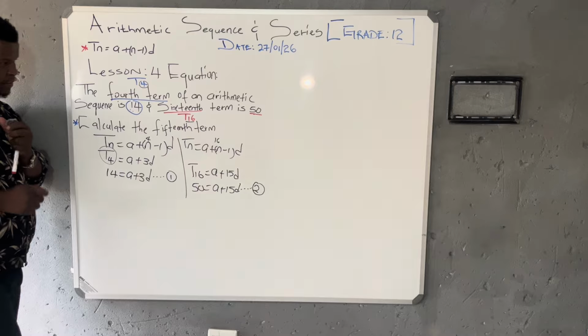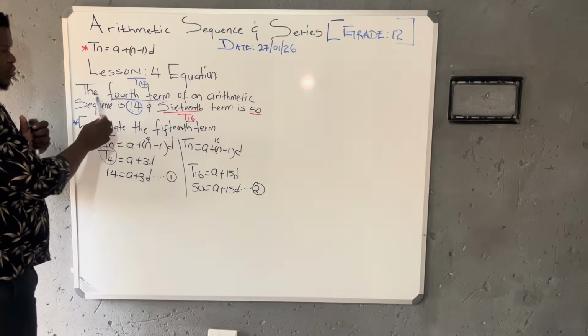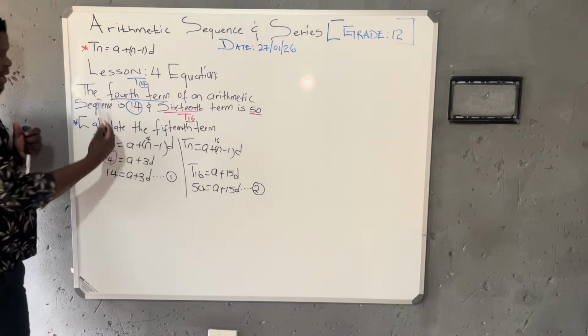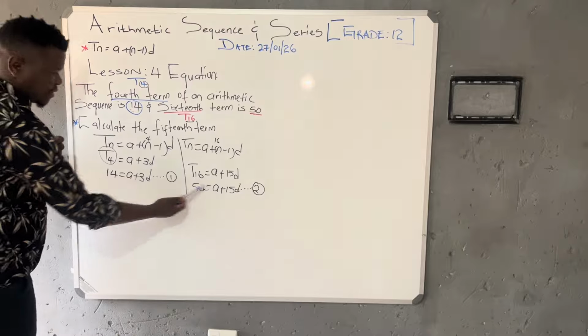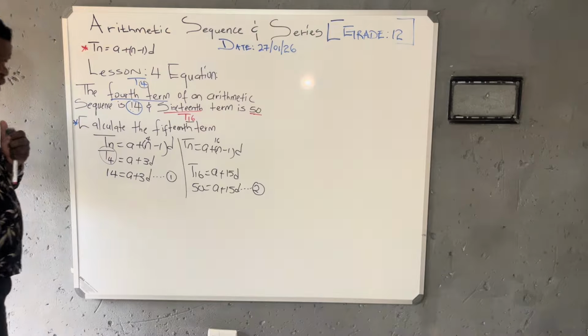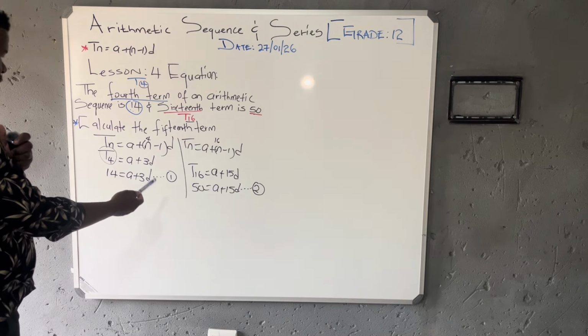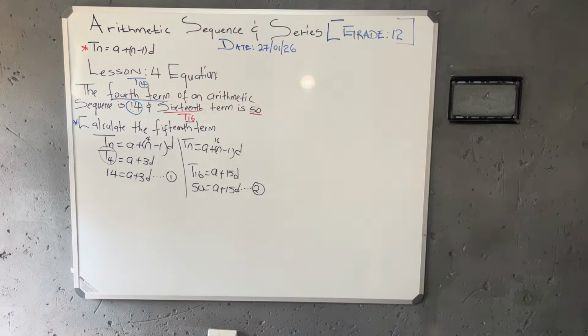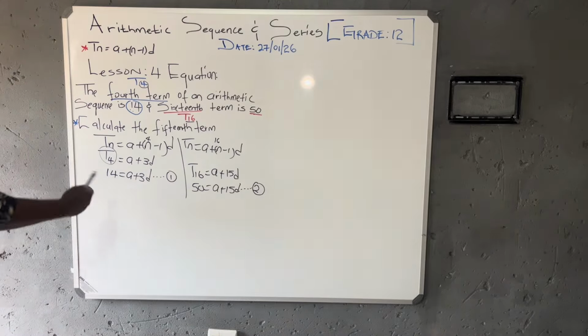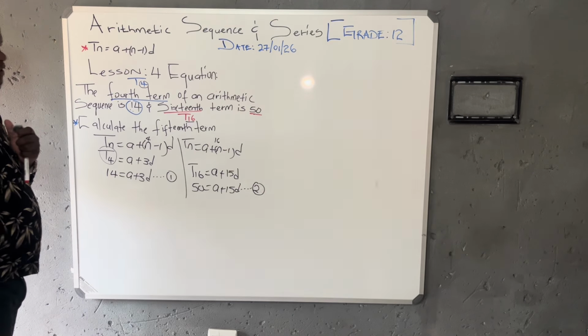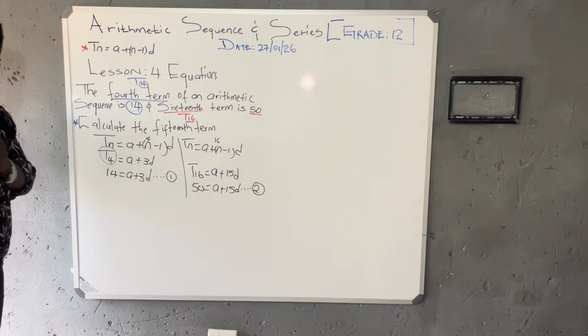My understanding is, if a learner managed to take whatever we are given and be able to get this, then you are winning. Already you have accumulated some marks here. Whatever is left, we still apply what you've learned in the previous grade, simultaneous equations.